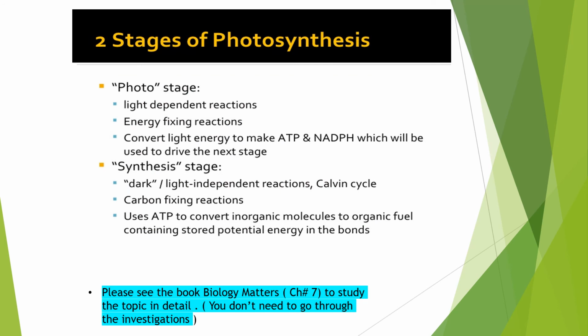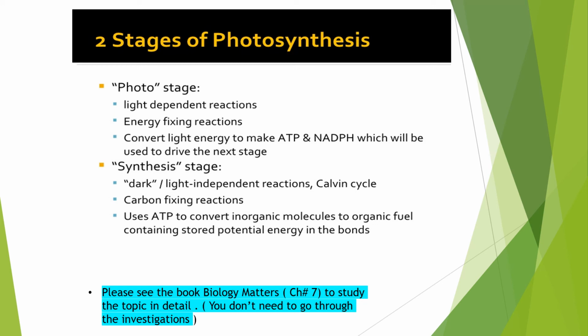Now, photosynthesis is not as simple a process as we studied in our primary classes. There are certain stages of photosynthesis, and the two main stages are the light reaction and the dark reaction. The photo stage is a light dependent reaction.